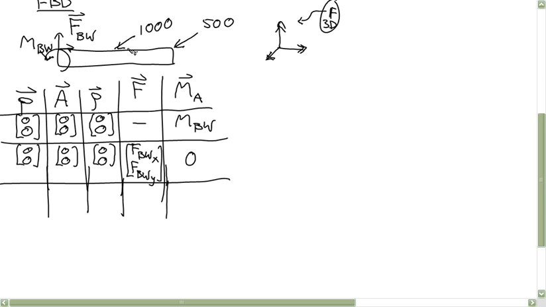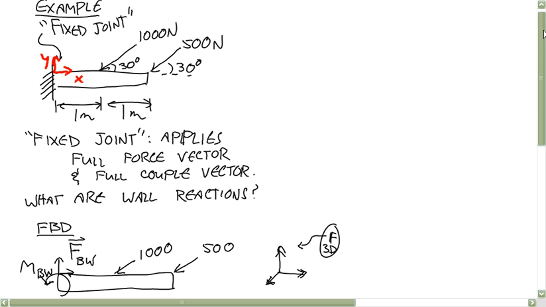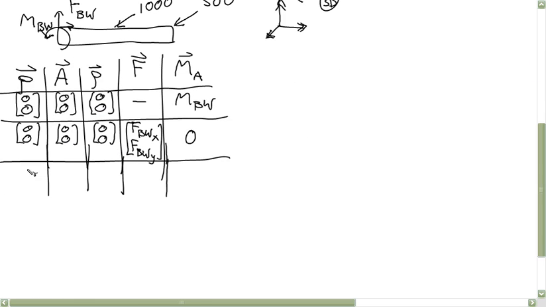Now this force acts at 1, 0, right? 1 meter over. The about point still has to be 0, 0. And of course, there's nothing that says your about point has to be the origin, okay? We could have made the about point 50, 50 or something. The one thing you do have to do is whatever your about point is for this, it has to be the same for this and this and this.